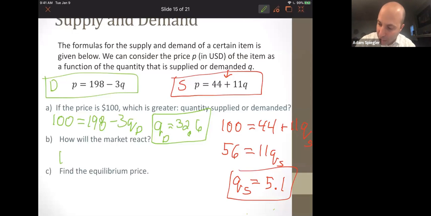That's right. So this would be an example of a shortage. Demand is more than the supply. So we don't have enough things, so the price goes up. And you could make the same sort of argument about what happens when the price is too high.